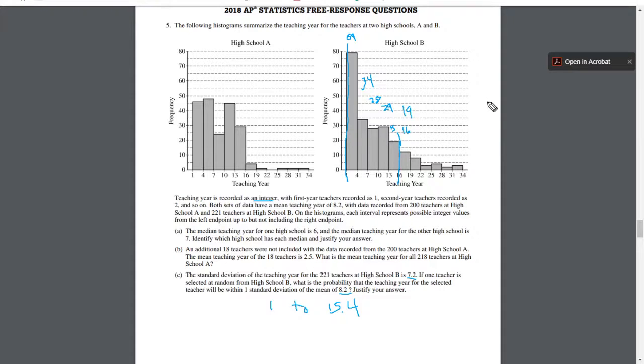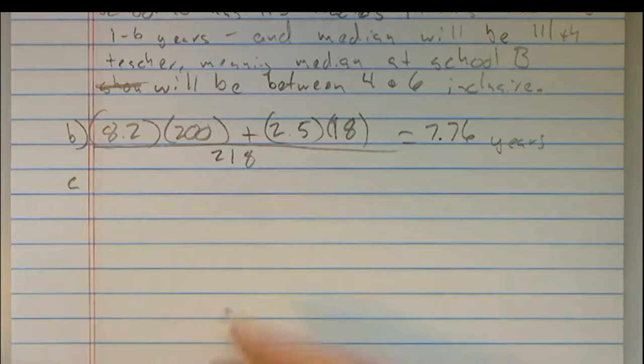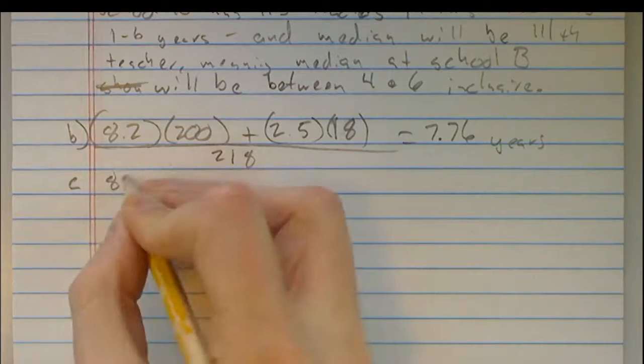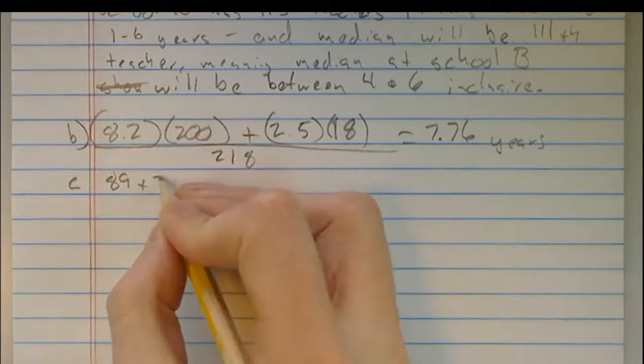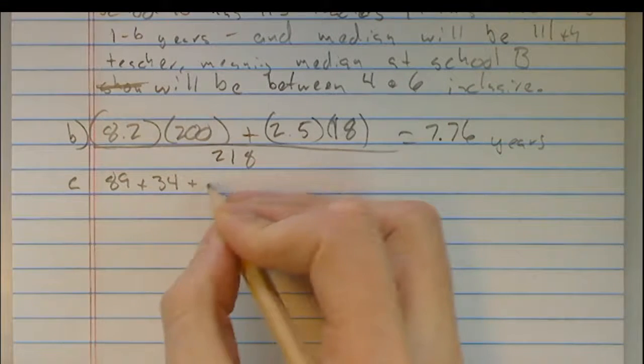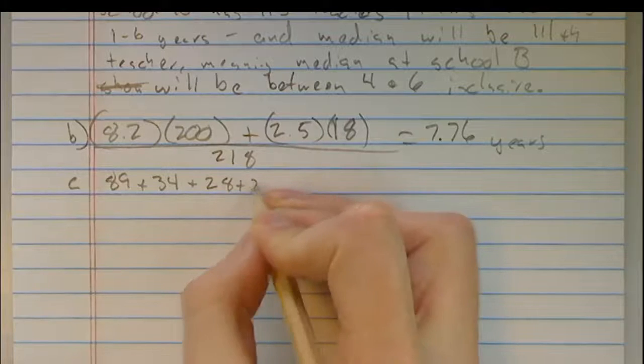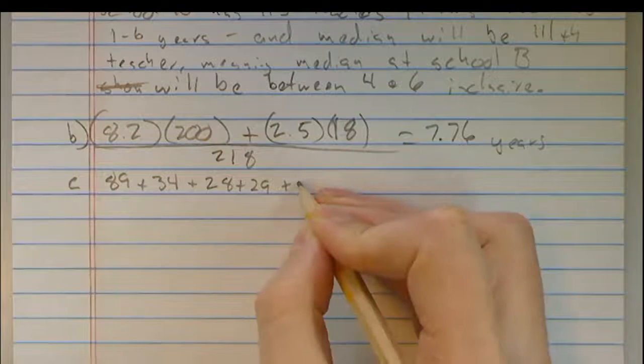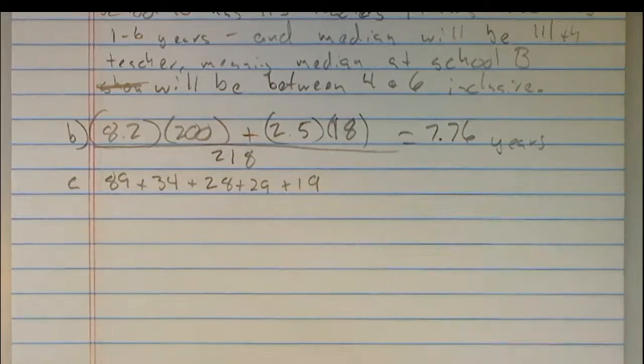Let's actually just write this down. All right, so we have 89 plus 34 plus 28 plus 29 plus 19. And that was 189.